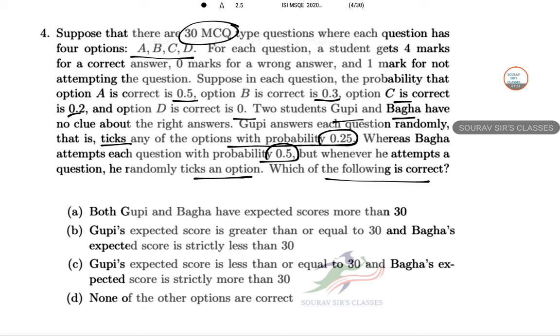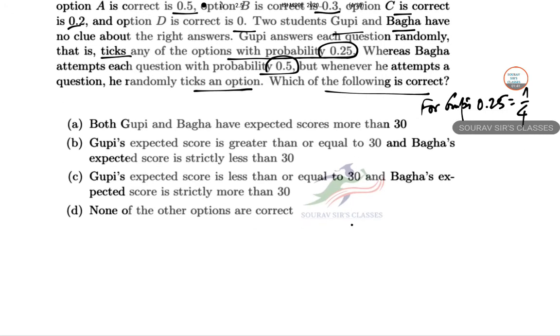So for Gopi, the probability of the marks from a correct answer is 0.25, or 1 by 4. Right is 0.25, incorrect is 0.75.